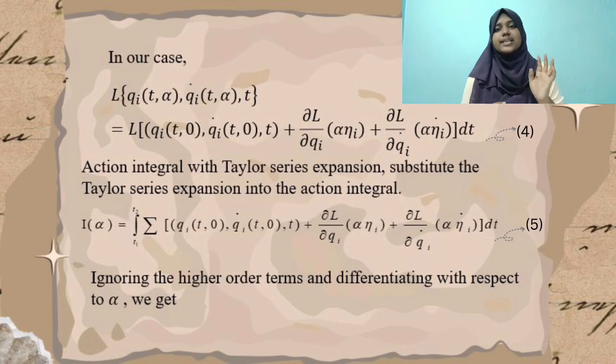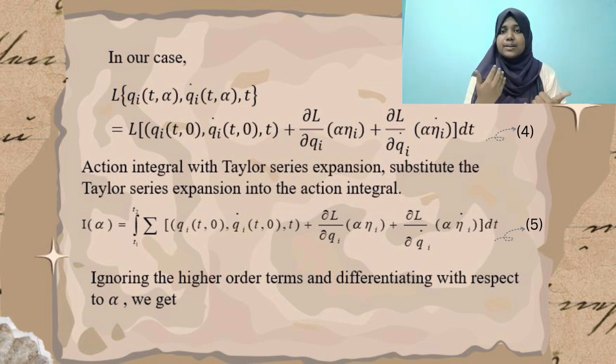So in our case, L(q_i(t, alpha), q_i dot(t, alpha), t) is equal to L(q_i(t, 0), q_i dot(t, 0), t) plus, differentiating, dou L by dou q_i alpha eta_i plus dou L by dou q_i dot alpha eta_i dot. We are labeling this equation as 4. Then for the action integral with the Taylor series expression, we are substituting this series into the action integral form.